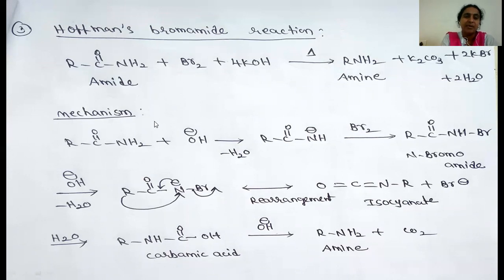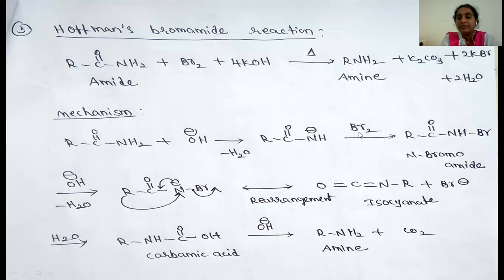Coming to the mechanism of this Hofmann bromamide reaction, when the amide reacts with the base, that is OH minus, in this NH2 one H is liberated as a water molecule. Nitrogen liberates an H plus, hence the nitrogen will get the minus charge.